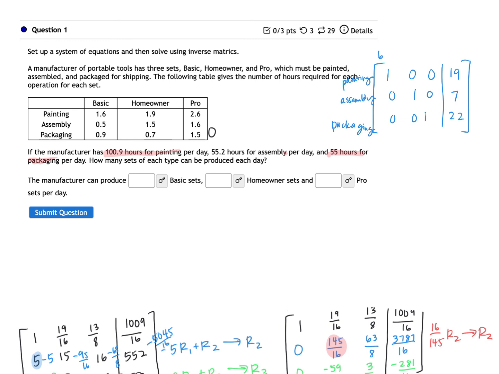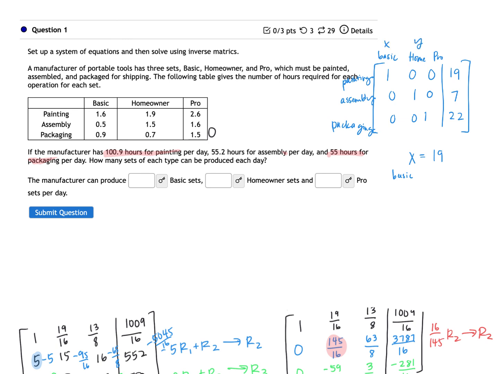So the first column is the basic, the second the homeowners, and the third column was the pro. And so the 1 in the first A11 is in the position of basic and painting, right? So for basic sets, that's what the variable stands for, the basic is 19. So X is basic.